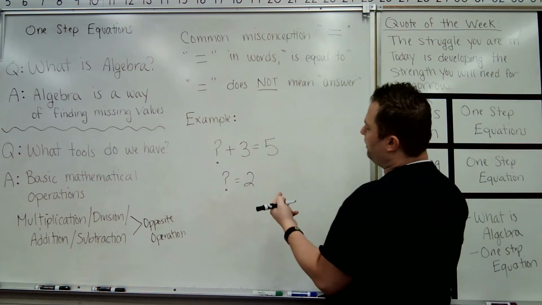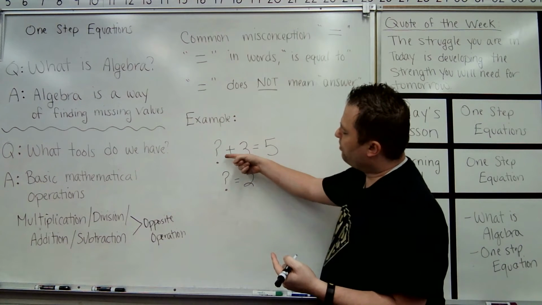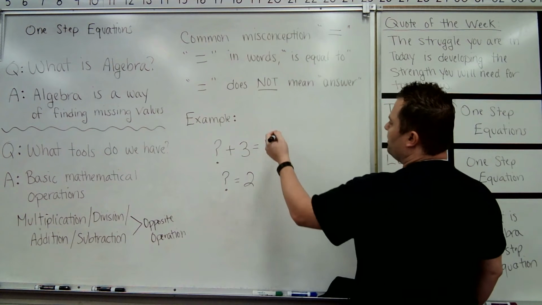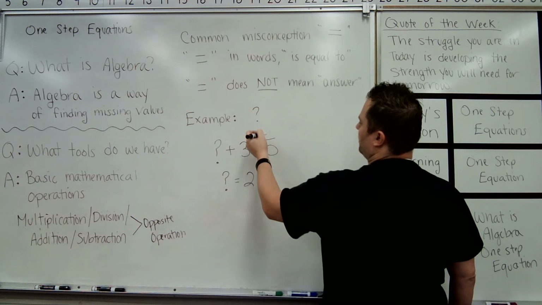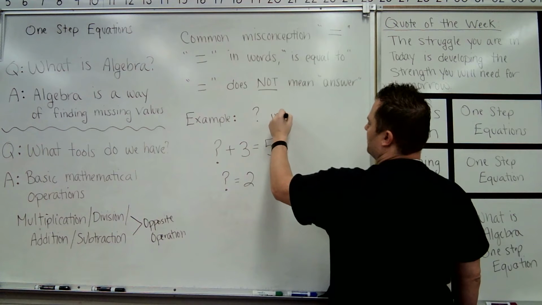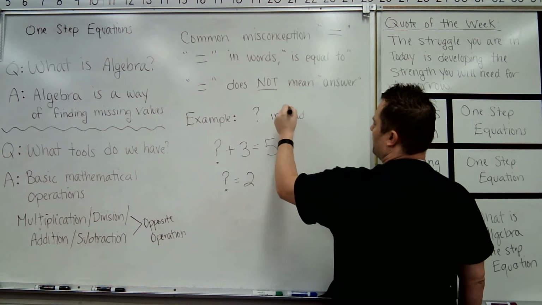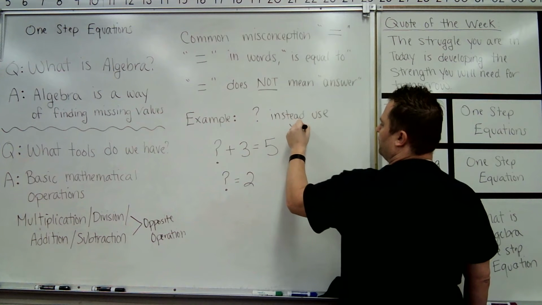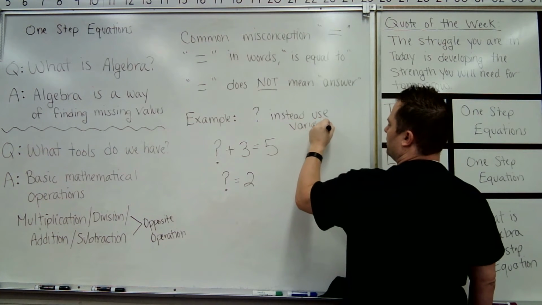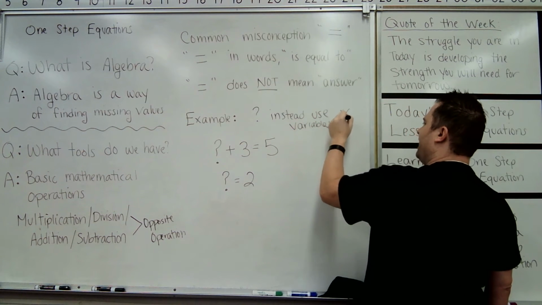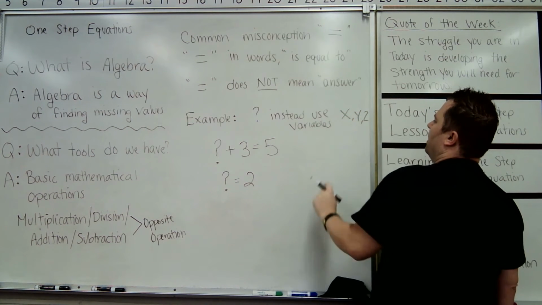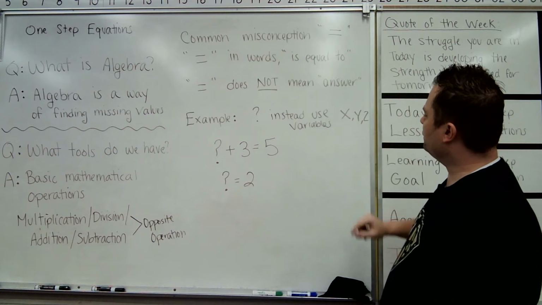So for example, if I was to write it with the proper algebraic language, if you will, we don't use question marks. We instead use a word called a variable. Okay? Typically, it's X or Y or Z. And for our examples, we're going to strictly use the X.